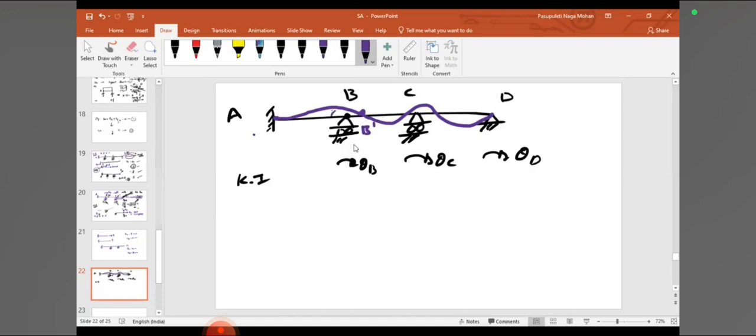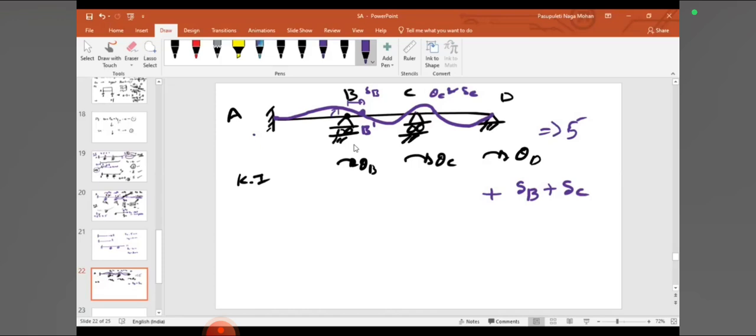Rotation is also possible, and point B is also moved some distance, delta B. Similarly, at point C, rotation is possible, and in addition, delta C is also possible. So, in addition to 3 rotations, there is the horizontal deflection at point B and the horizontal deflection at point C. So, total how many? Now got it?